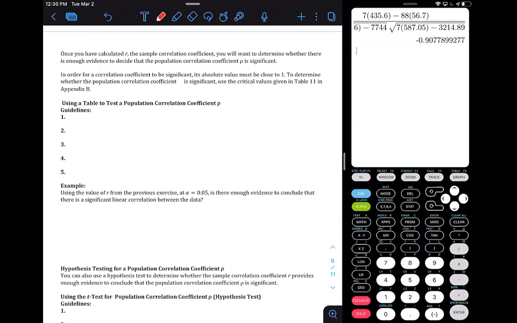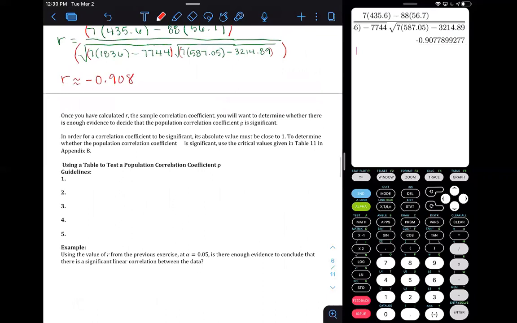So in order for a correlation coefficient to be significant, its absolute value must be close to 1. If we take the absolute value of -0.908, we get positive 0.908. Is that close to 1? Yes. Then we compare it using a critical value that you can find in table 11.